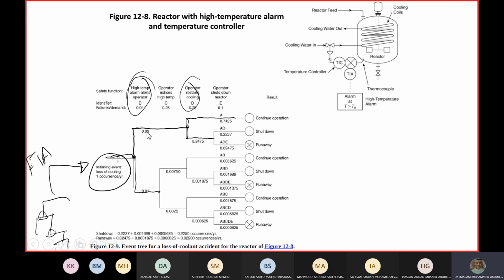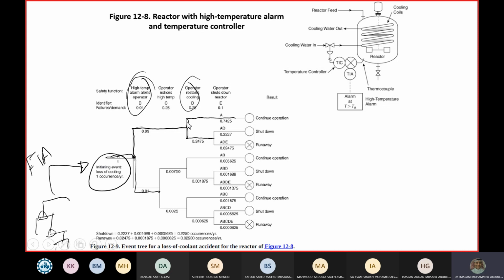So you have 0.99 probability here, and just 0.01 probability. And then the event tree tells you that if you have a loss of cooling of 1 occurrence per year, and this is how it was identified. So you have an event of loss of cooling, and then it gave you the value of 0.99.